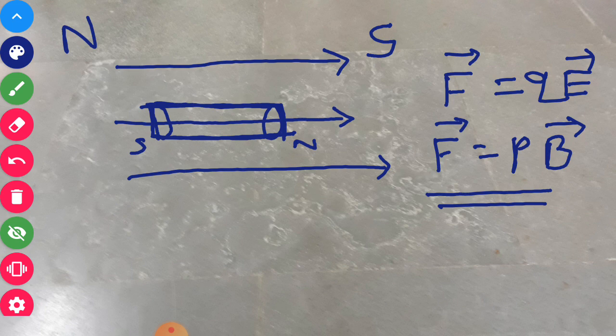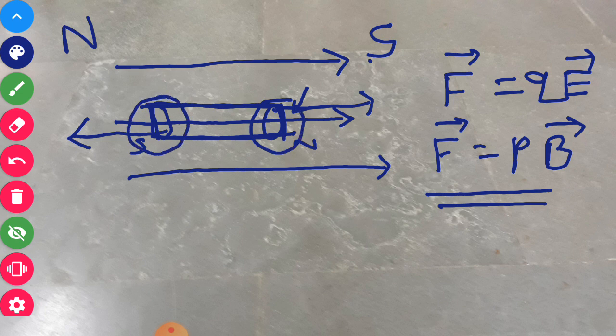Now this is the north pole, and north and south will have an attractive force, and this force will be in this direction, that is towards right. And here this is the south pole, so the south pole will have an attractive force towards the north pole. So both the poles of this bar magnet or solenoid will have the same force but in opposite direction.